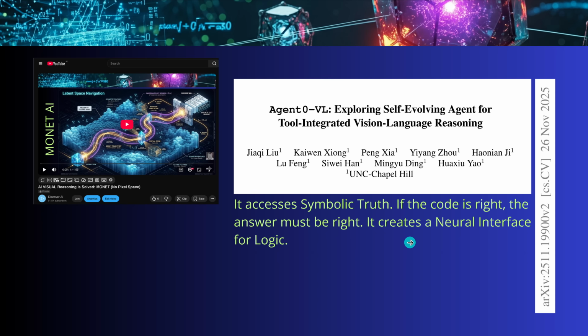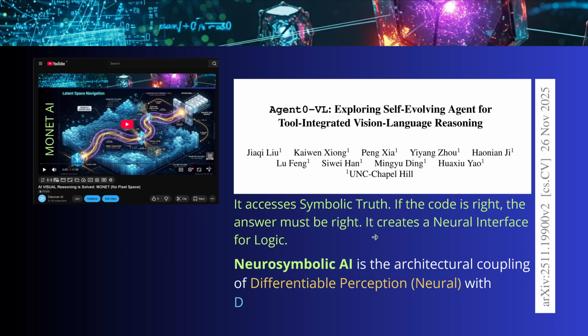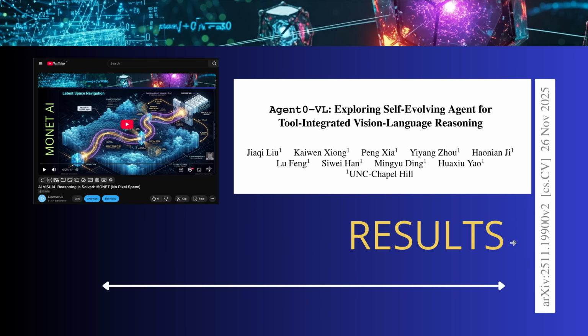So this creates, if you want, a neural interface for logic. And what is Neuro-Symbolic AI? Now, in my interpretation, I think it is an architectural coupling of a differentiable perception of our neural networks with a discrete reasoning engine. This is our symbolic part. So if we say this is it, let's see what is the latest development.